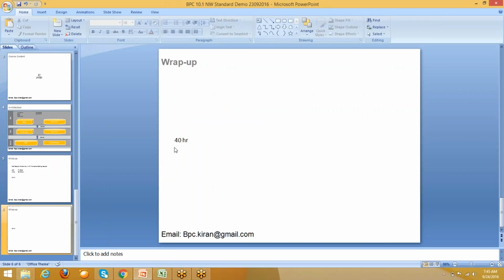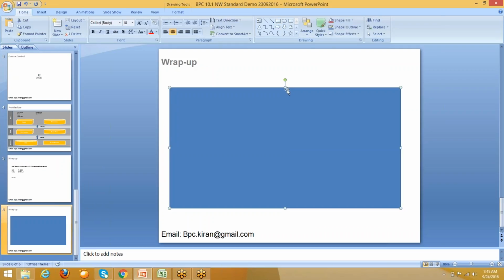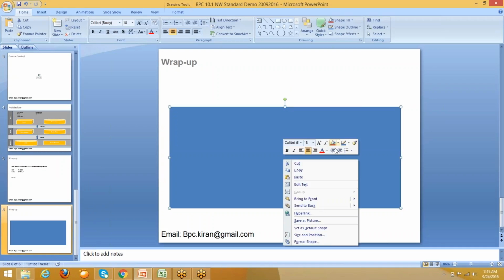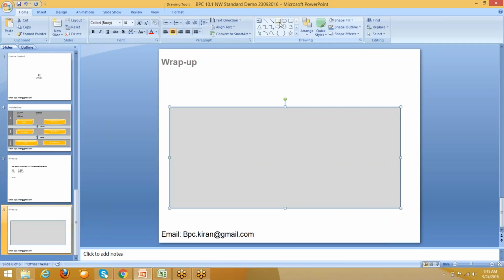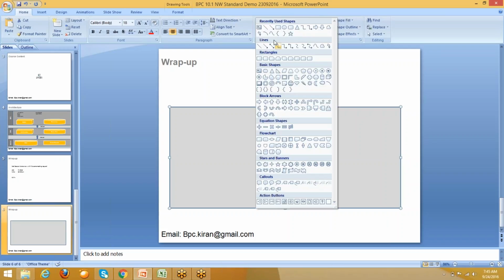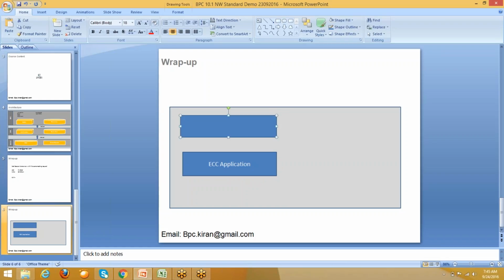So basically when you use S/4HANA, let's say this is the entire S/4HANA box. In this S/4HANA box, you have all the applications, so let's say my ECC applications here. And the BW also comes inside it. I can have embedded BW.